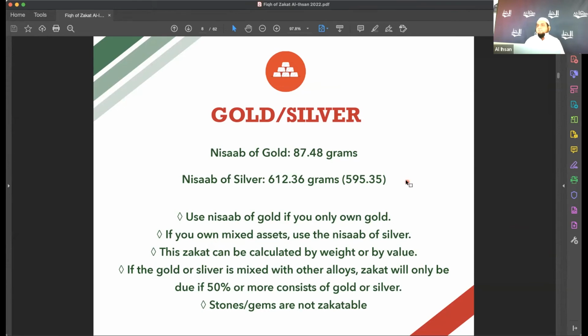If that's all the savings that they have. So should zakat be due on someone who only has that much? So some scholars have started using the nisab of gold instead for calculating zakat on money. Meaning if you have $3,000-$4,000, then zakat will be due.